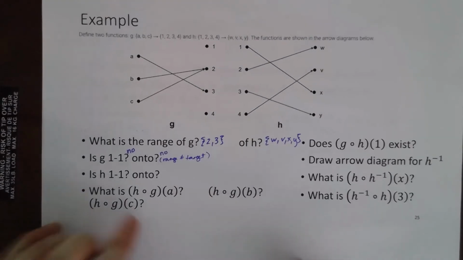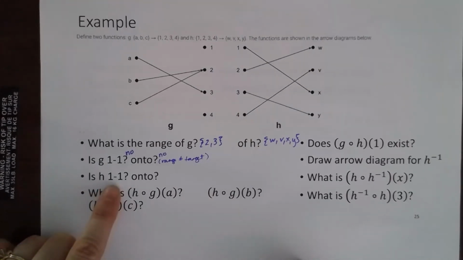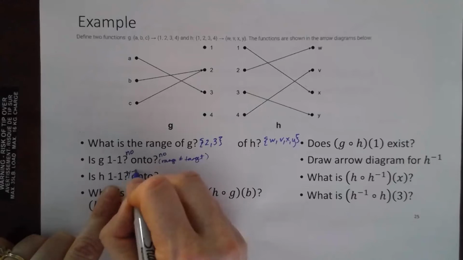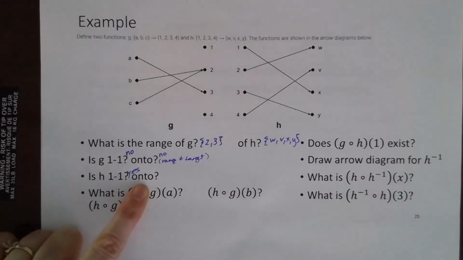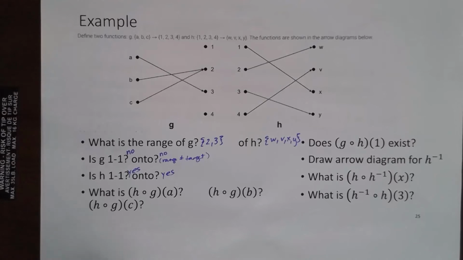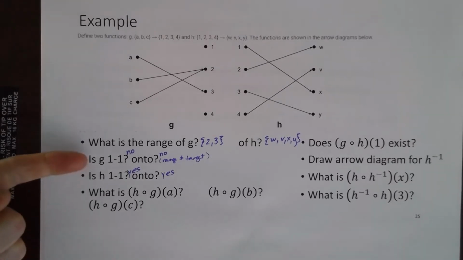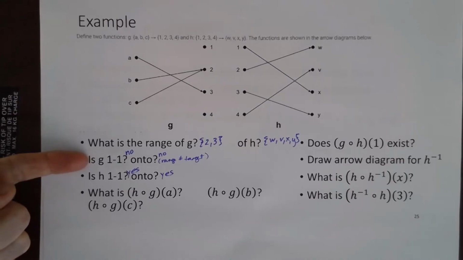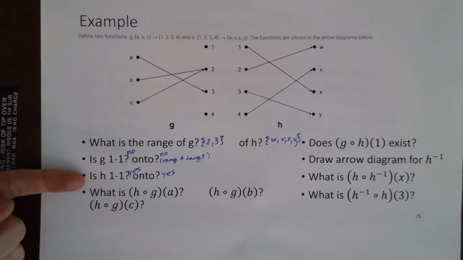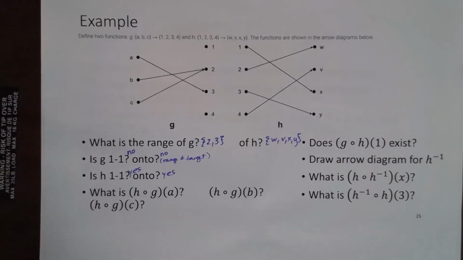How about H? Is H 1 to 1? Yes, it is. Is it onto? Yes. So is G going to be invertible? No, because it's not a bijection. It's not 1 to 1 and onto. Is H going to be invertible? Yes, that one will be.